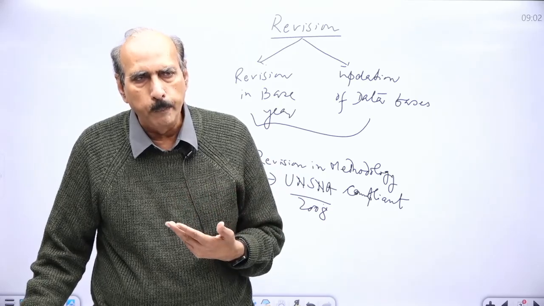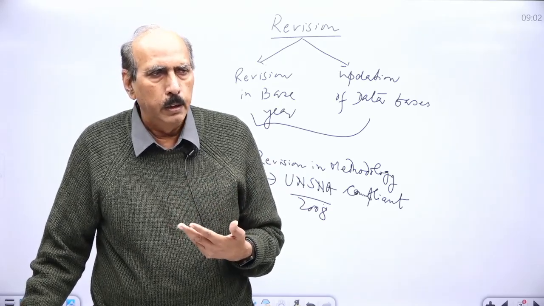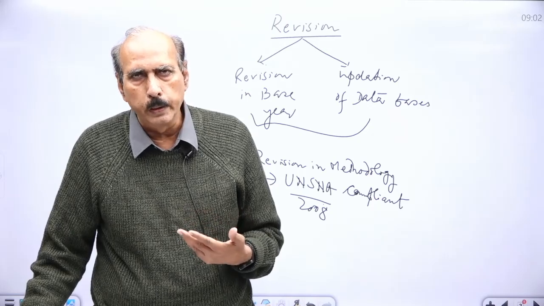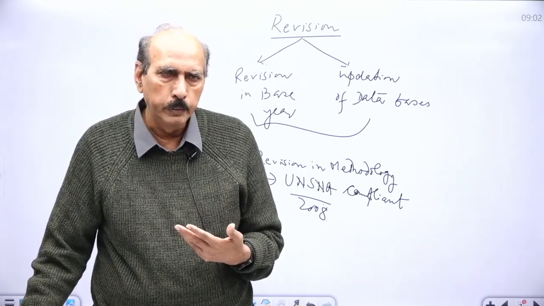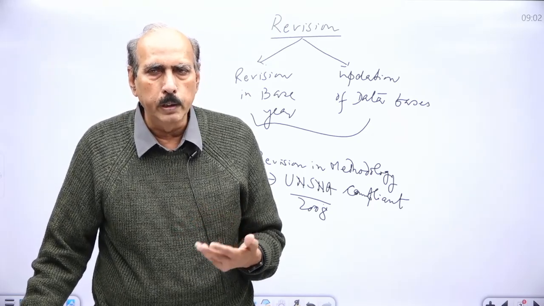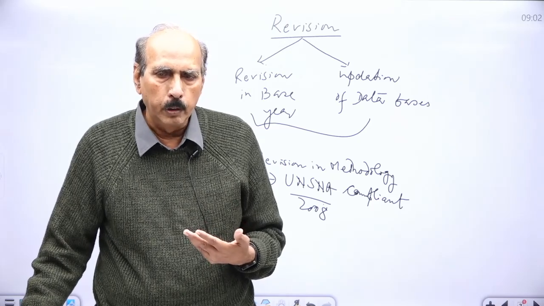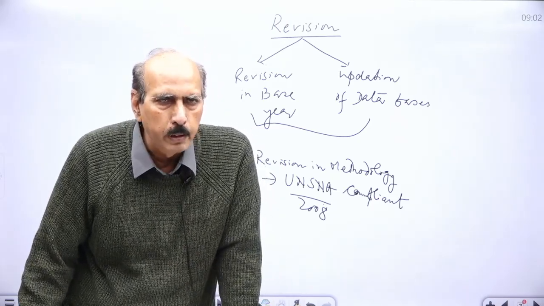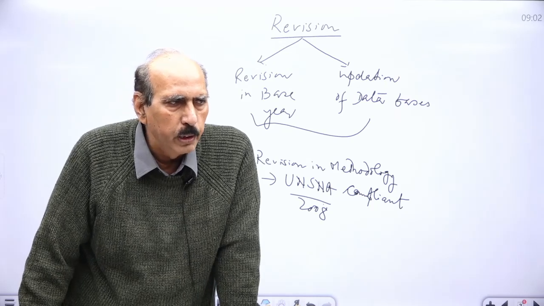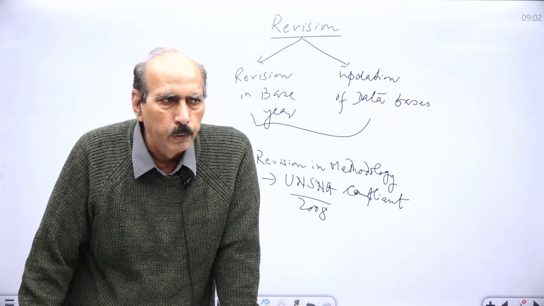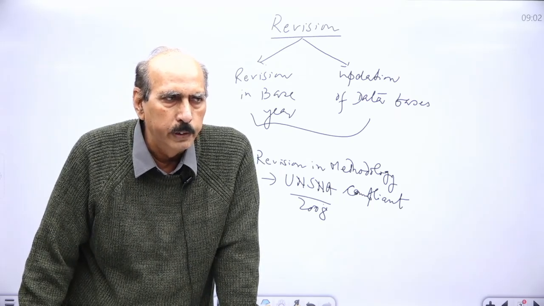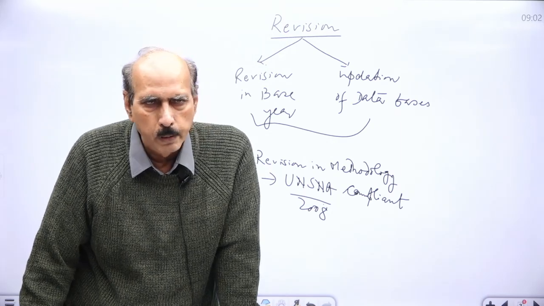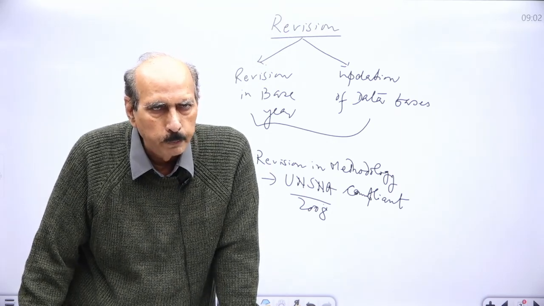Now, when the UNSNA system came, they said that GDP at factor cost should be avoided or should not be taken into consideration, because nowhere in the world is estimating the GDP at factor cost. Therefore, India's concept of GDP at factor cost is not comparable with the rest of the world.